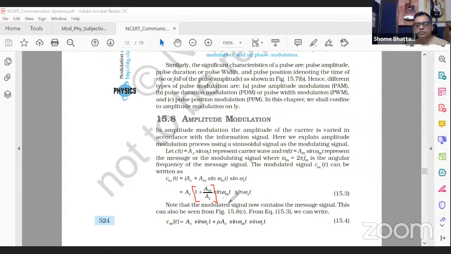Now this term, we'll use the sin A sin B formula. So that will give us those terms of sin (A plus B)/2 and sin (A minus B)/2. And that's how the sideband frequencies come into the picture.